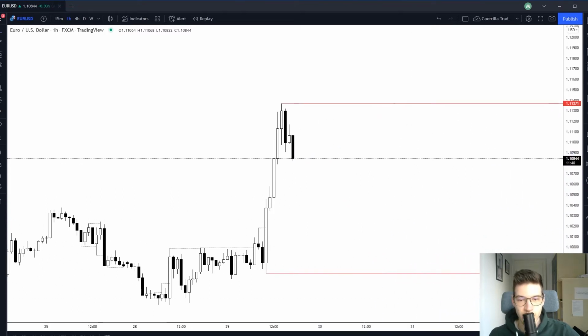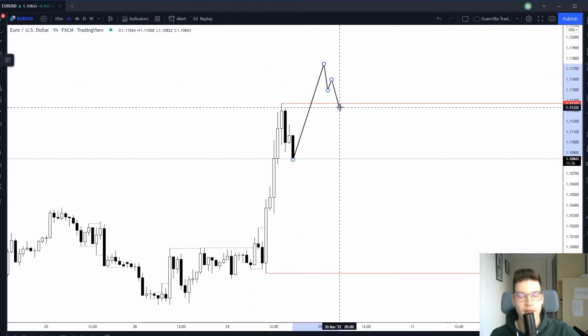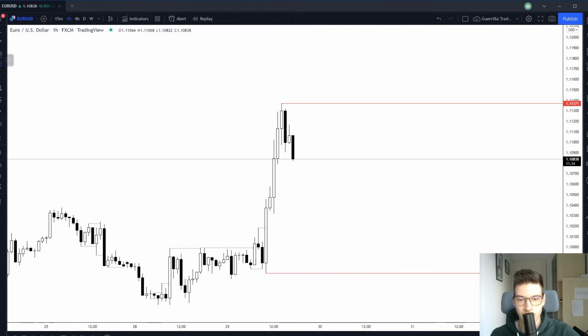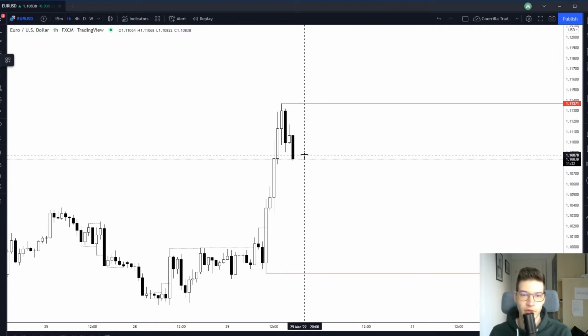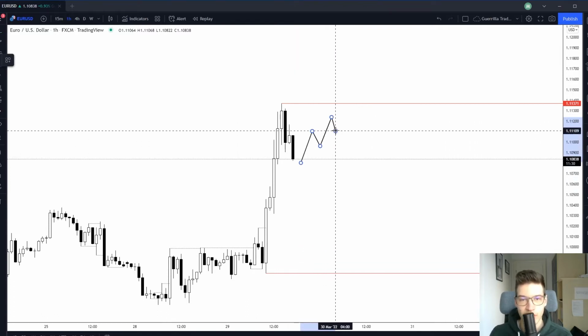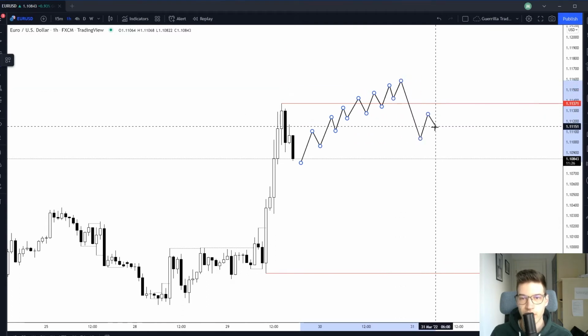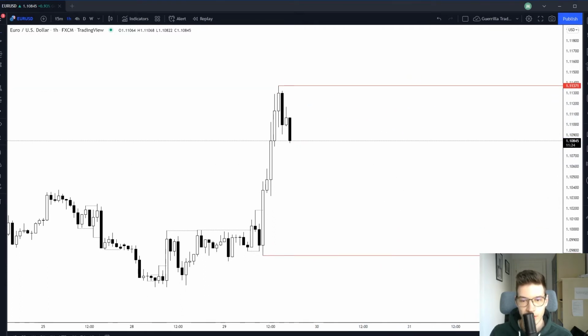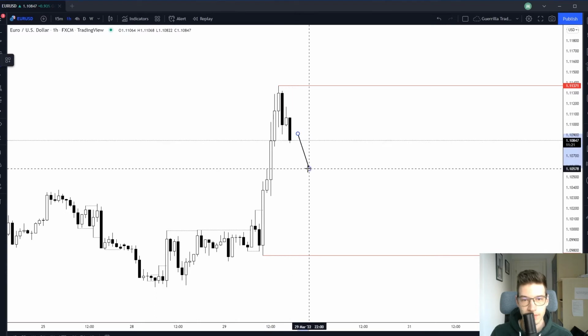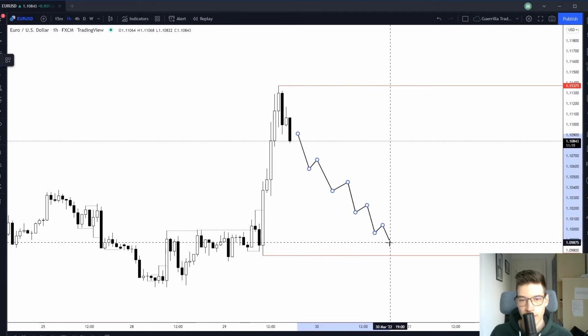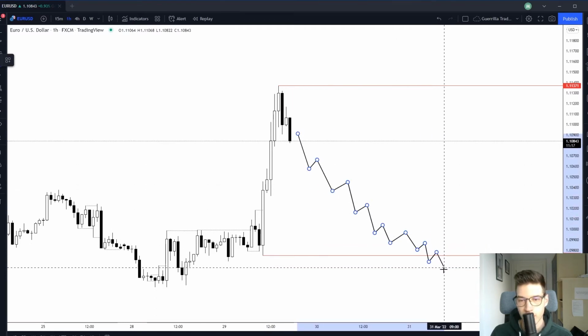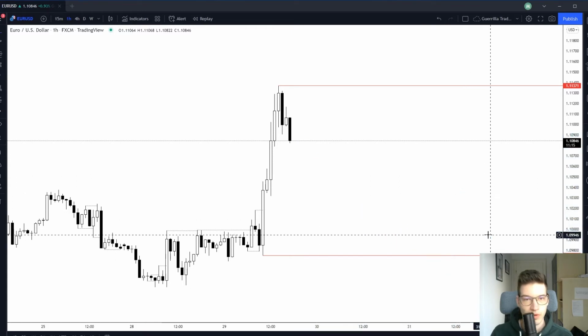So what I'm searching for is a continuation to the upside, and then a nice continuation pattern, because I would like to go long. I would like for this price action to start trending to the upside, or we can get an ascending from here, then look for a reversal and trade to go short, or look for a descending reversal to the upside, trade to go long.